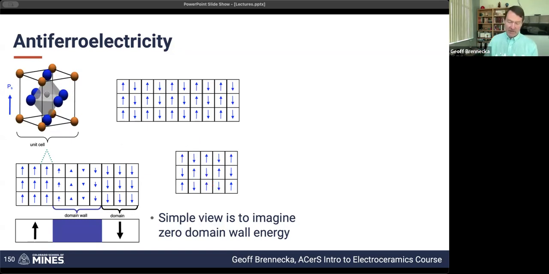So that's another possibility. It's really hard to distinguish these from macroscopic characterization techniques, so diffraction or electrical measurements or a bunch of different other things. It is possible, but it's difficult.